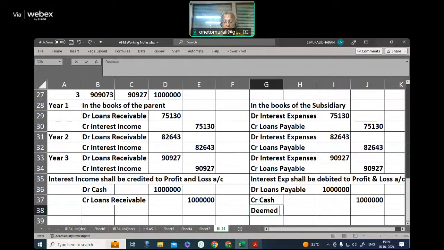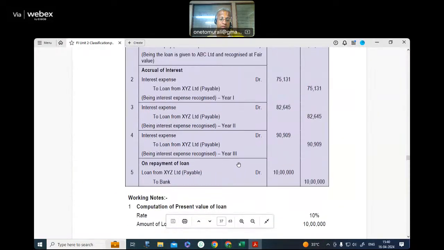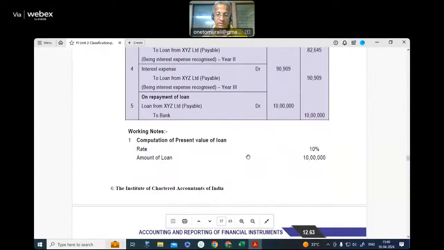Deemed investments and deemed equity shall stand automatically eliminated in CFS. Correct.